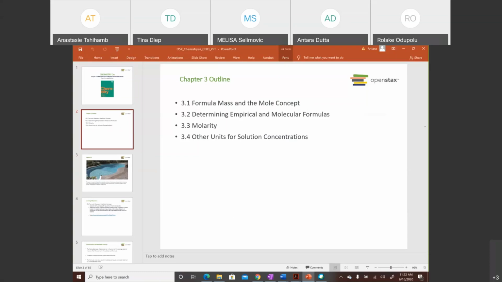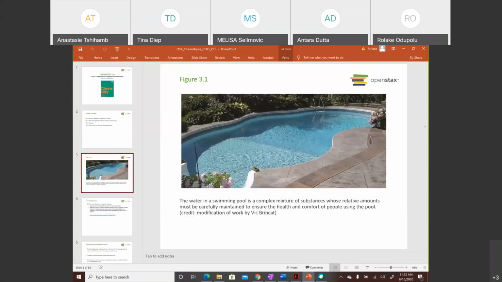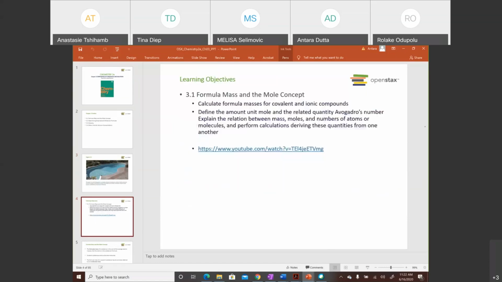So mole, I think everybody is familiar with the term. Today we are just going to go more in depth into the chemical definition of mole and how you use it.